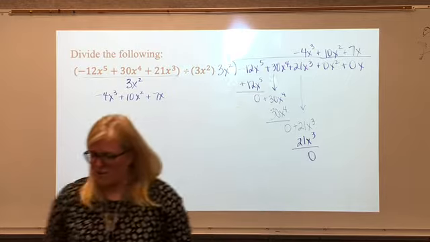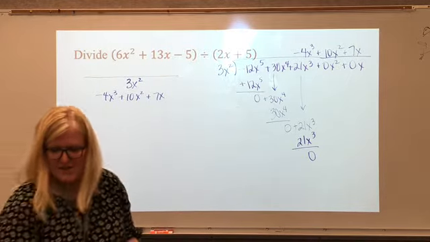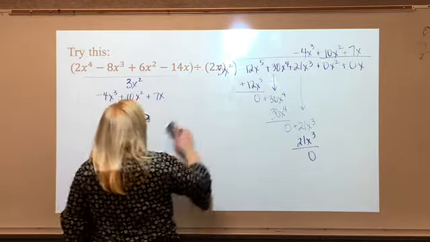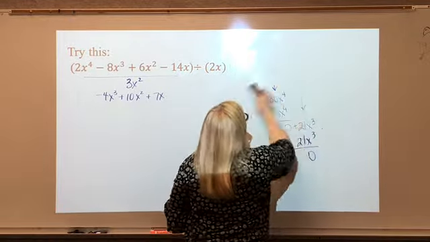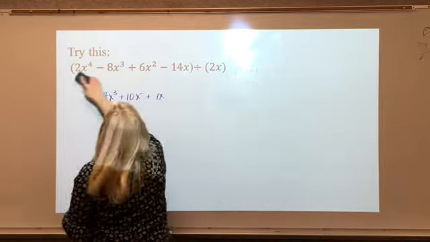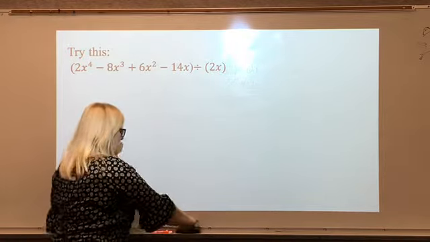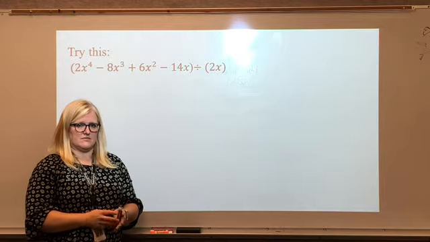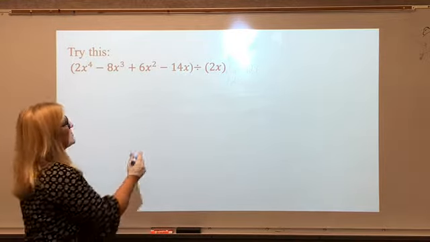Okay, so what I would like you to do, these are a little tricky, I know, but I would like you to now try this one. So go ahead and pause your video. All right, so let's give this a try.